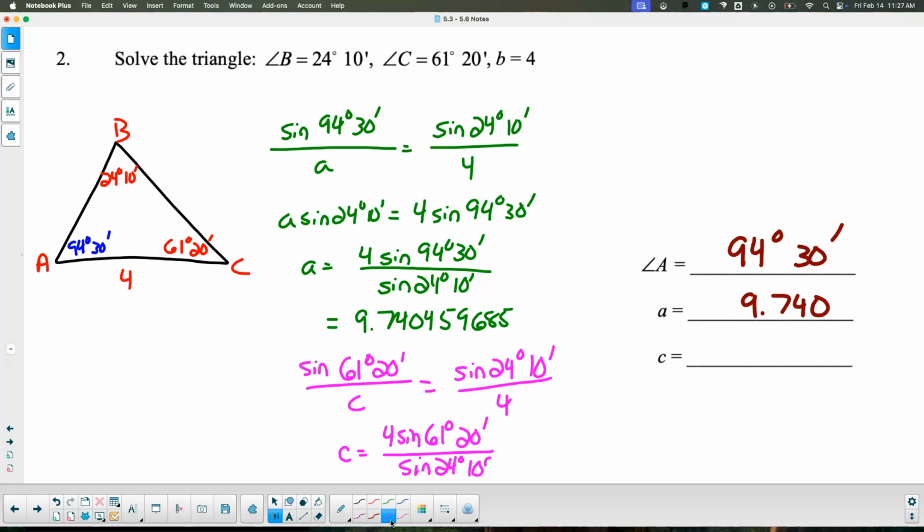I do love being able to just retype in what you do. So then we got 61 there, and we've got 20 there, and I get here that that is 8.572954272, which gives me 8.573.